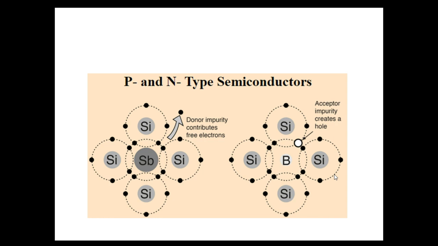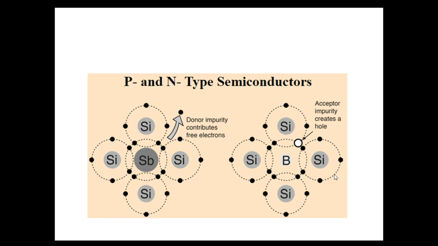In a similar manner, for a trivalent impurity there will be 3 valence electrons for a boron atom, and silicon will have 4 valence electrons. In this condition there will be a hole for each boron atom addition. So this will act as an acceptor and the free electron will act as a donor.